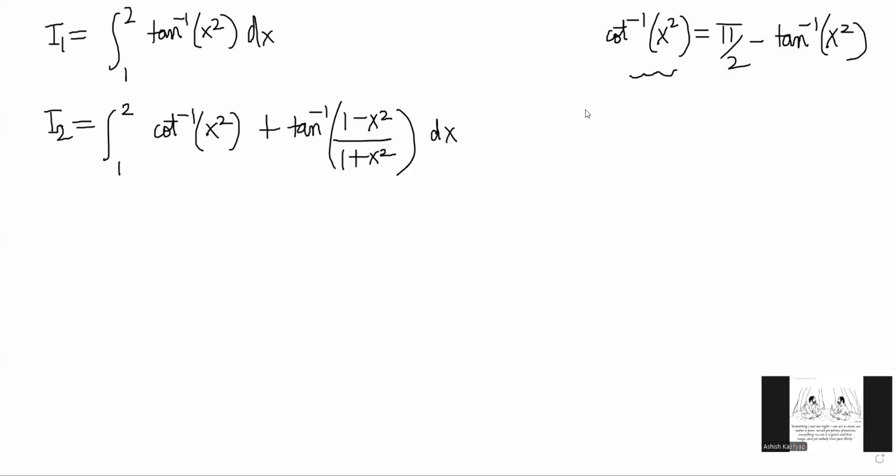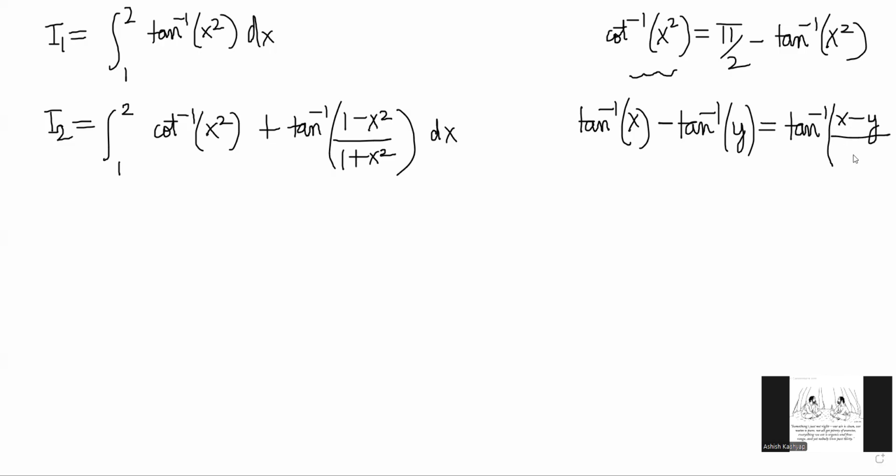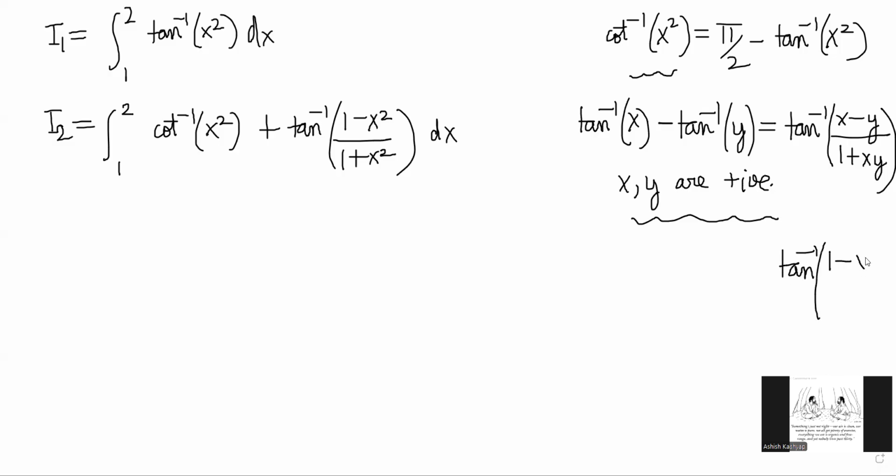The other thing that you also need from inverse trigonometry for this problem is this result: tan inverse x minus tan inverse y is equal to tan inverse of (x minus y) by (1 plus xy). This is a trigonometric identity, and here both x and y are supposed to be positive. In our particular question, I have an expression like tan inverse of (1 minus x square) by (1 plus x square).